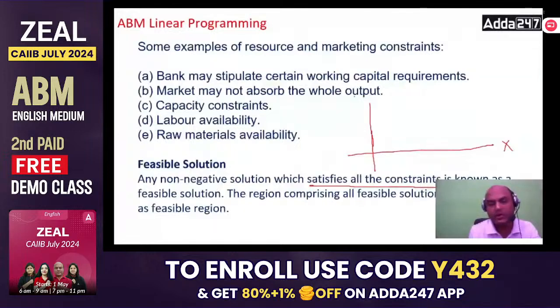X and y. Now if I write the equation, 3x plus 2y is less than or equal to 10.